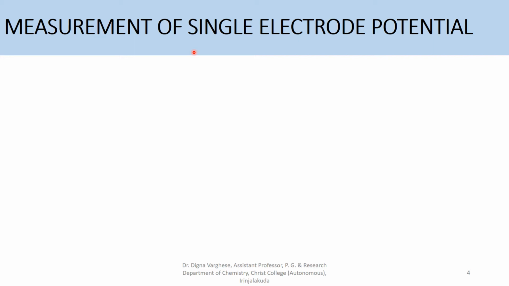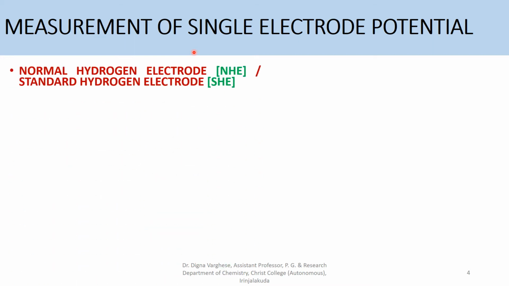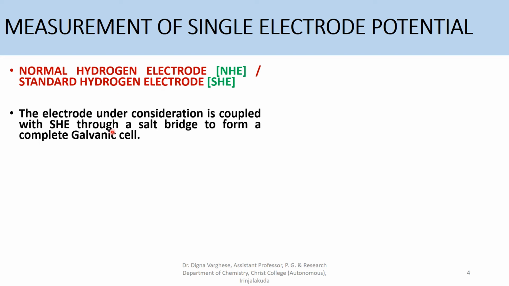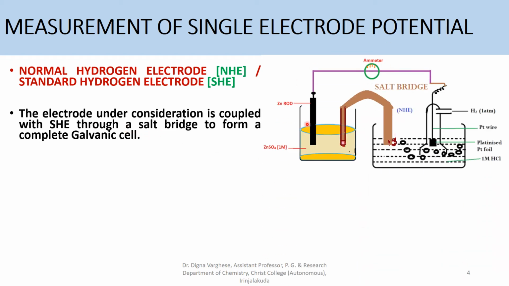Here we are using the normal hydrogen electrode or standard hydrogen electrode as the reference electrode, which is coupled with the electrode under consideration through a salt bridge to form a complete galvanic cell like this.